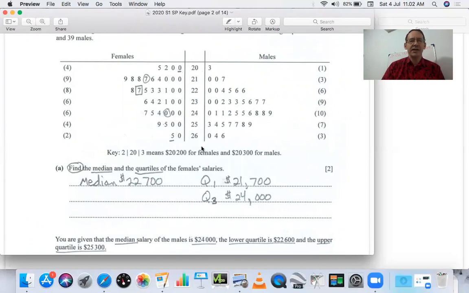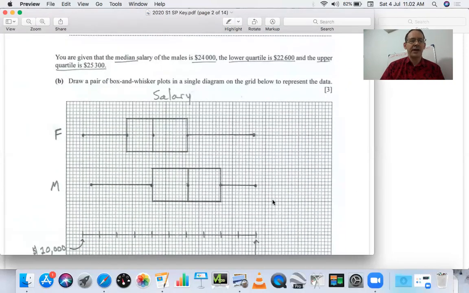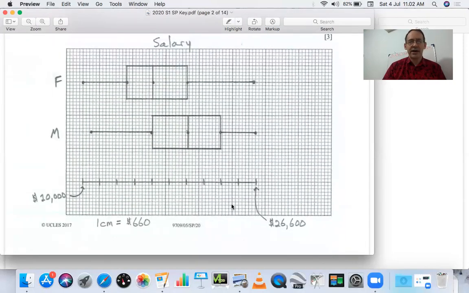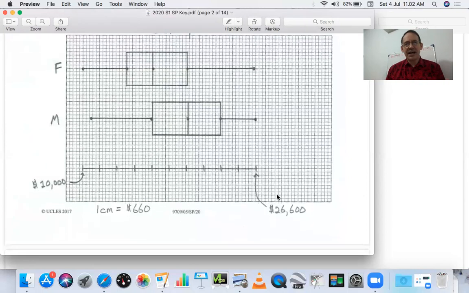So 20,000, and the maximum value is this one over here, 26,600. So minimum 20,000, maximum 26,600. Those are the furthest apart values. So I go from 20,000 to 26,600. There's not a nice really divisor for that.